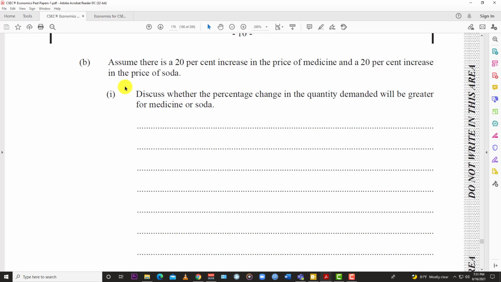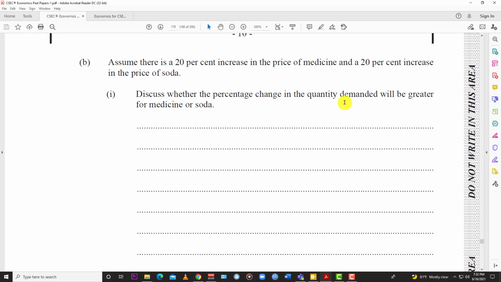But sodas now, if the price for one goes up, then you've got Pepsi, you've got Coke, you've got Dr. Pepper, you've got Busta, you've got a whole lot of them in the Caribbean. So you've got a lot of soda options out there. So if there's a 20% increase in the price of soda, you're going to shift to something else.